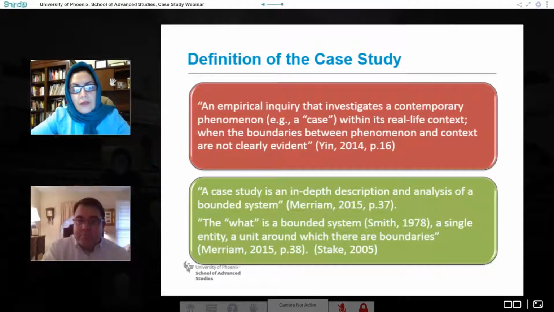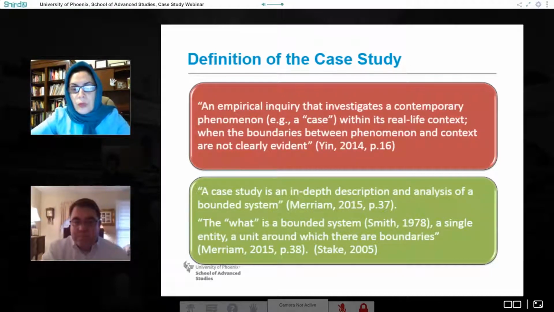Merriam referred to a case study basically as a phenomenon that absolutely should be circumscribed and bounded within a system. And then Stake is also saying the same thing. These two authors agree on what a bounded system is: a single entity, a unit that we can absolutely have a boundary around.